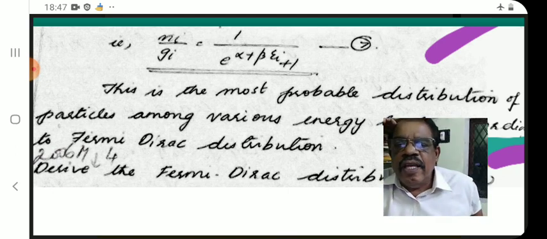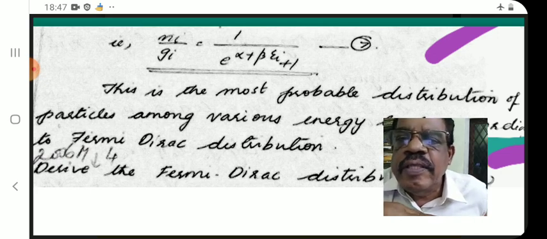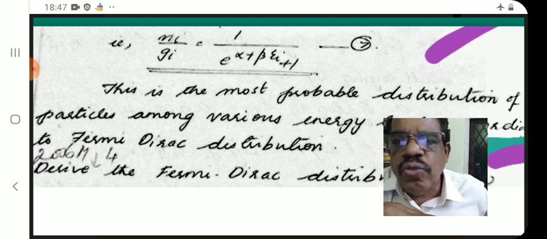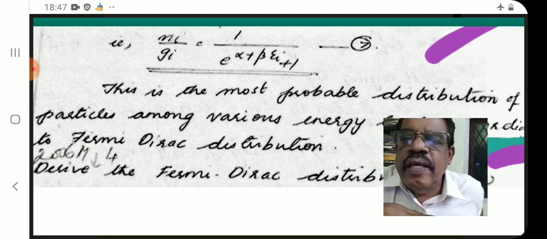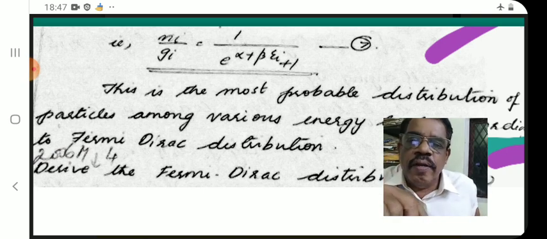And in Bose-Einstein statistics, we get ni by gi is 1 by e raised to alpha plus beta epsilon i minus 1. And for this, in the RHS, we get 1 by e raised to alpha plus beta epsilon i plus 1.